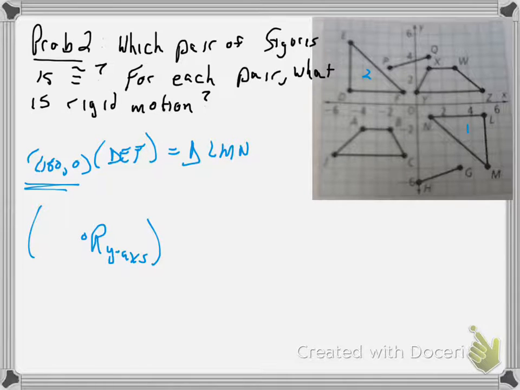Now, how do I get that to match? Well, how do I get Y from there to be C over there? I'm going to have to translate it. Well, how am I going to translate it? Okay, I'm going to have to go 1 to the left, and then 1, 2, 3, 4, 5 down.